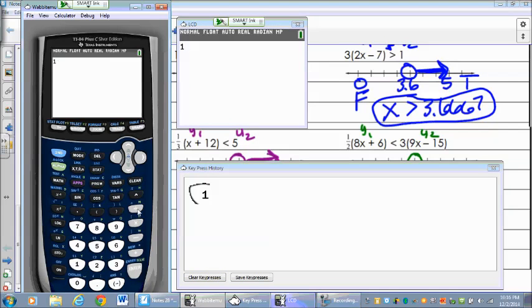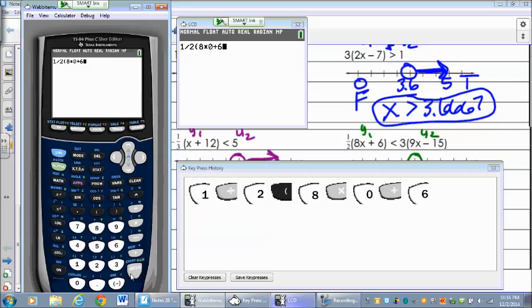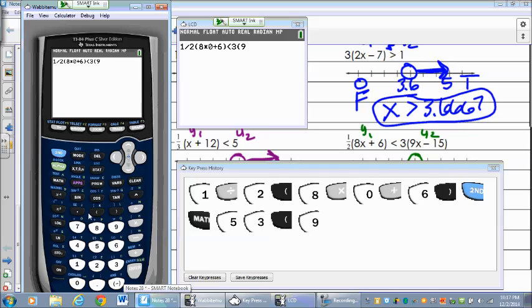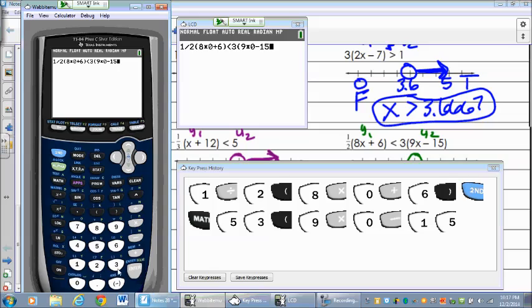Okay, so here we go. 1 divided by 2, parentheses, 8 times 0 plus 6. Close your parentheses. Then is the test. It's going to be less than, which is number 5. And then I'll do 3, parentheses, 9 times 0 minus 15.